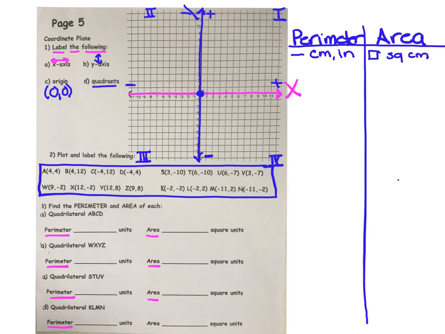But in this case, we're just going to use the generic label units for perimeter or units squared. Pause the video and plot the 4 quadrilaterals on the coordinate plane. When you're done plotting and labeling, turn the video back on and we will discuss perimeter and area.